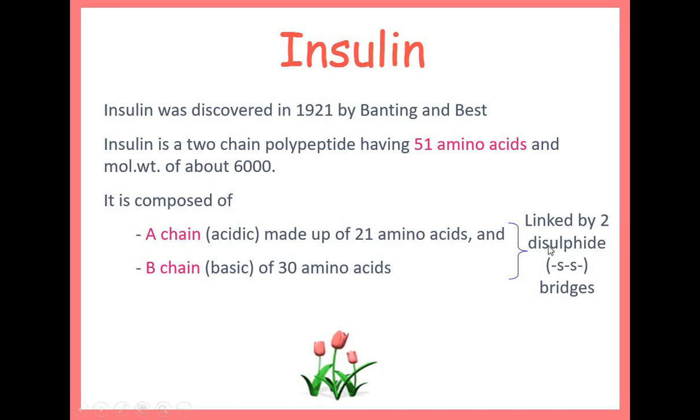This is because in acidic pH these disulfide bridges get very easily lysed. Nowadays there are some formulations for oral insulin also available, but those details you will get in the higher semester.